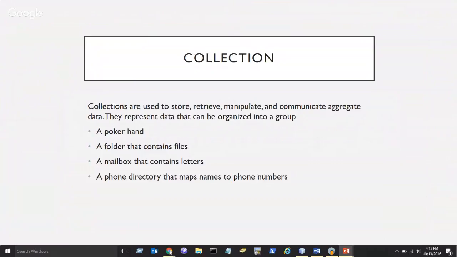Some examples: a poker hand, if you're programming a game of poker, is a list; a folder that contains files, or a mailbox that contains email, is a collection; and a phone directory that maps names to phone numbers is the map class.